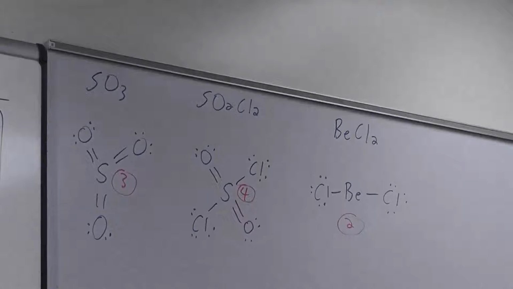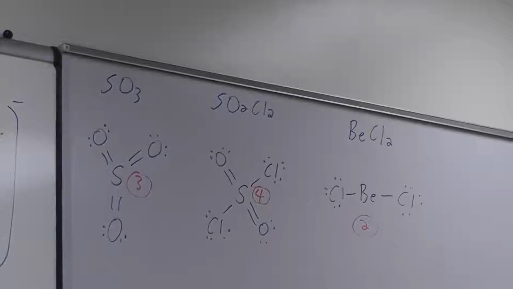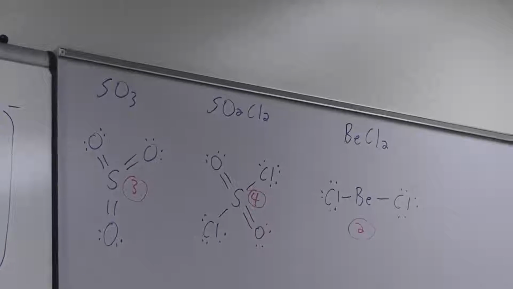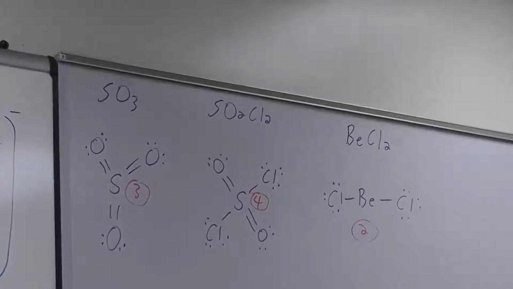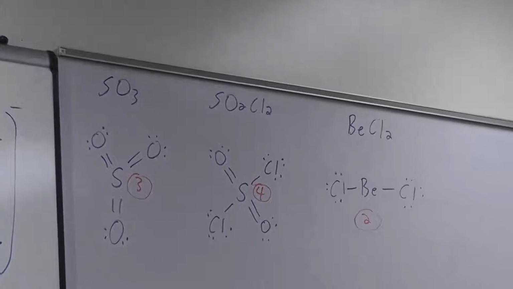And since electrons are negative, they repel each other, they're going to get as far apart as they're able to minimize the repulsion.